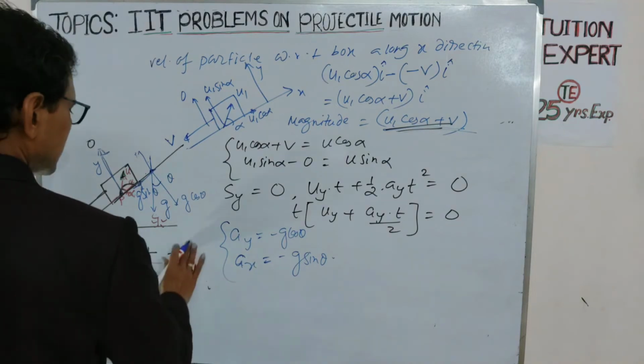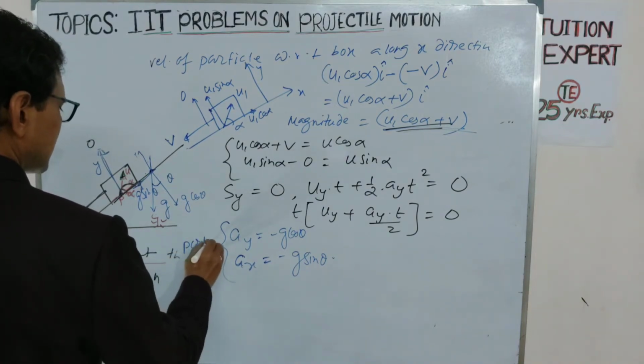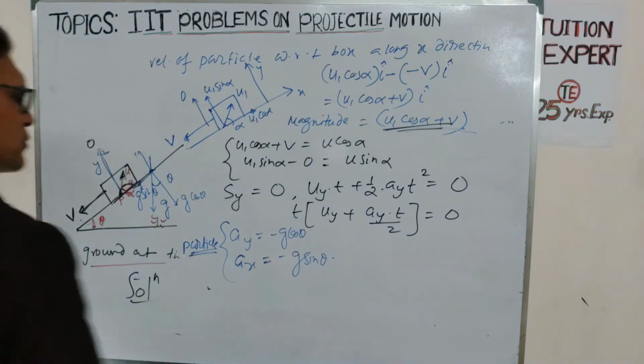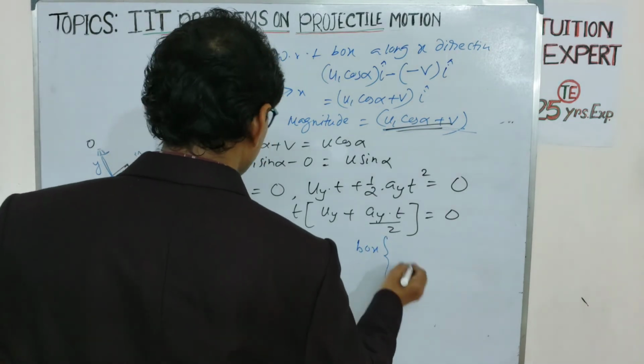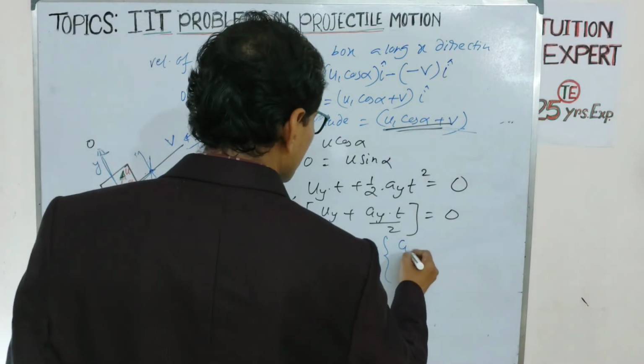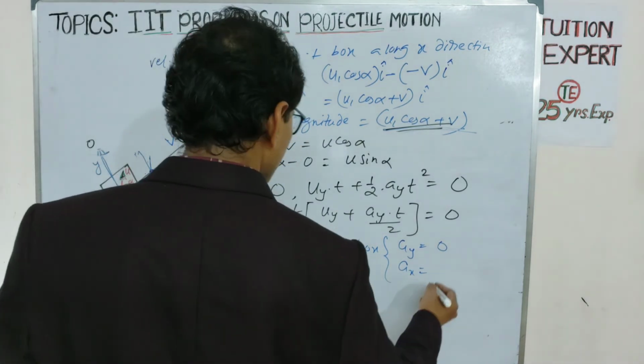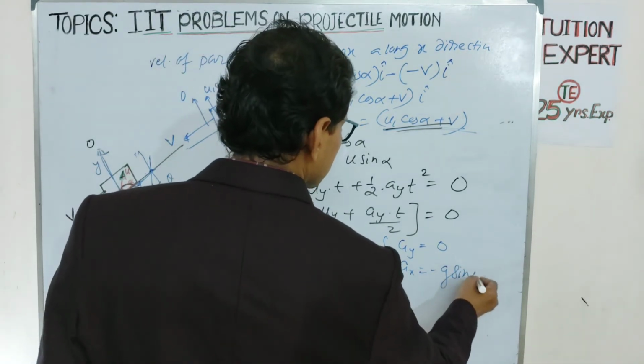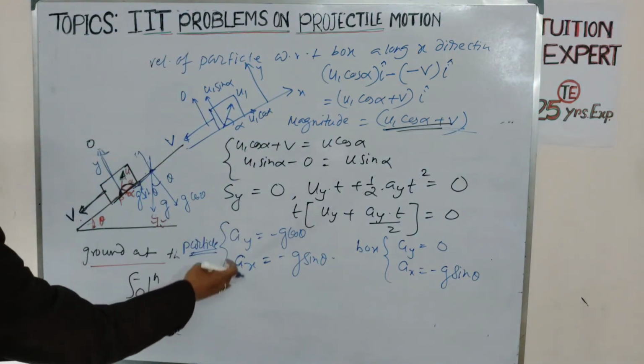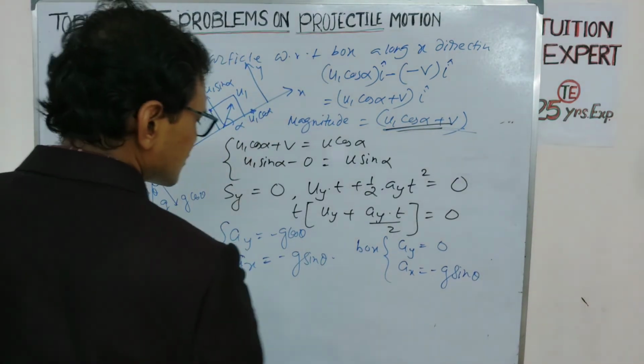This is for the particle. And for the box, the acceleration along y-axis is 0 and the acceleration along x-axis is minus g sin theta.